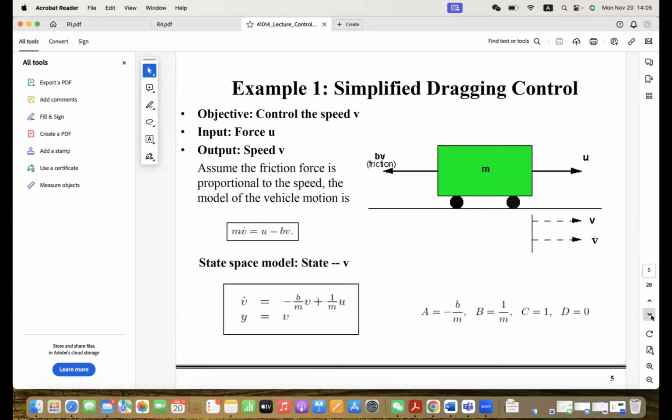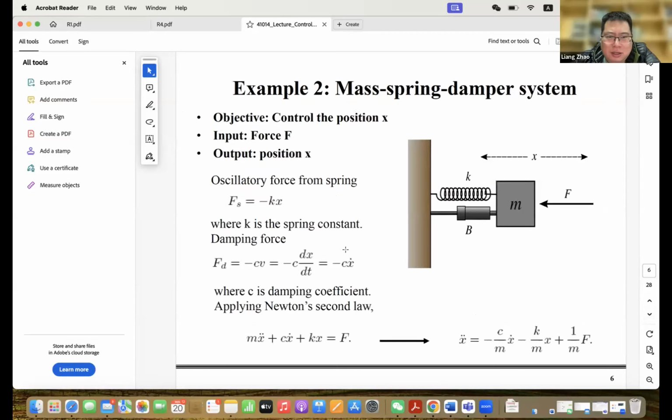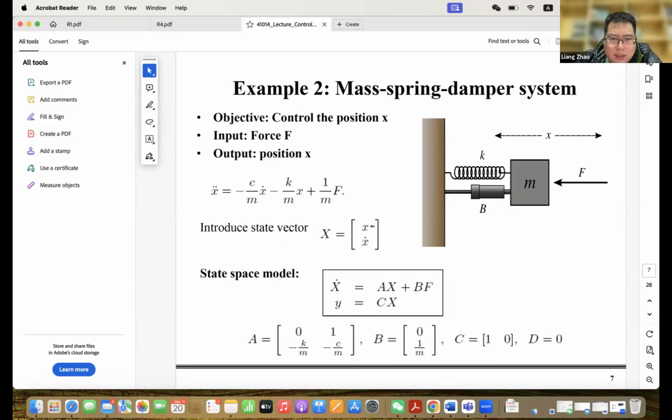And the other one again starts with Newton's second law, and then you have this formulation and you change it into here. But the problem is, as you can see, there's x, which is distance, x dot means velocity, and x2 dot means the acceleration. So in this case, you need to choose the state vector with x and x dot, right?